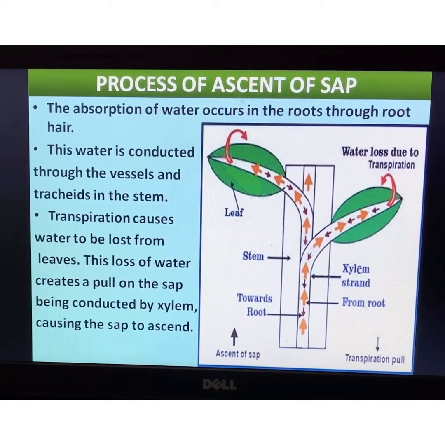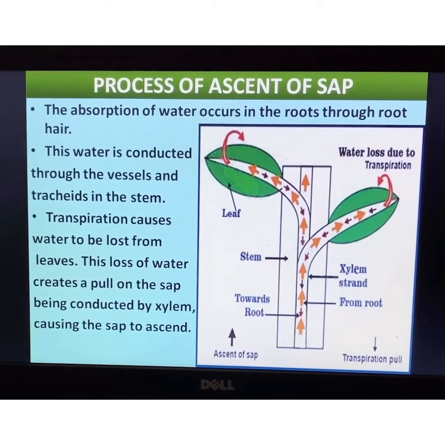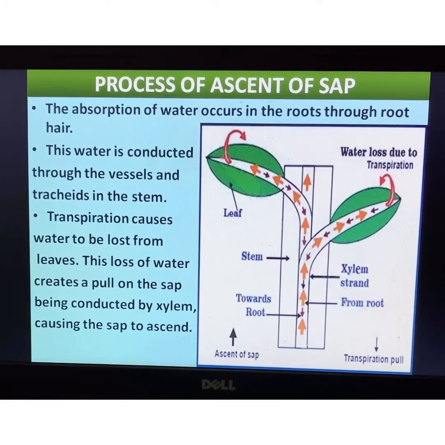But that is also very important for the plants. Now why is it important? Why do you think the plants lose the water? If they require water, why should they lose it in the form of water vapor? Because if they are happy with the amount of water they have absorbed once, they will not get the minerals, because it is not just water molecules entering the plants, it is also the minerals.